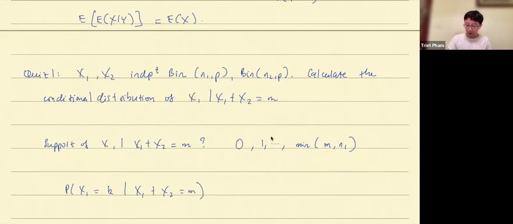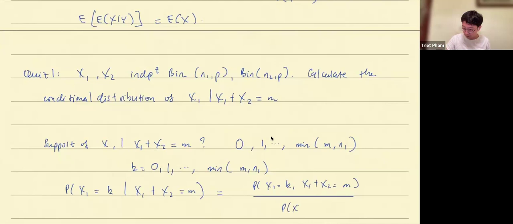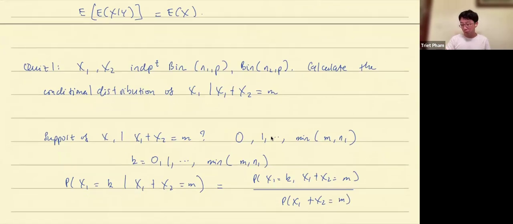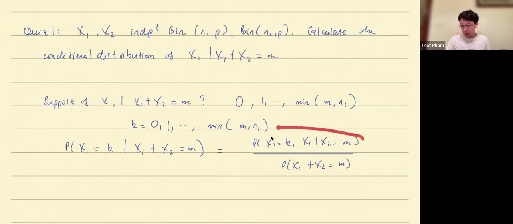Anyway, so for k equals 0, 1, etc. All right. So now once we identify that, then we just do the calculation. Okay. Now, how do we deal with this? How do we write this down?